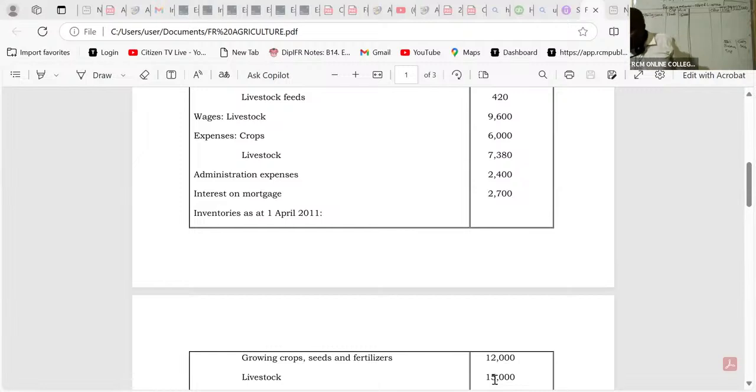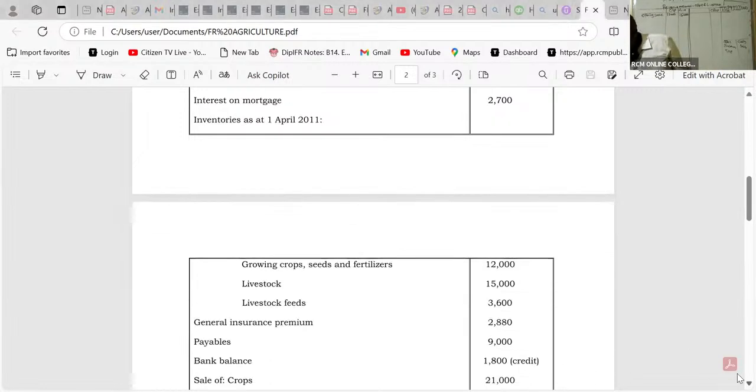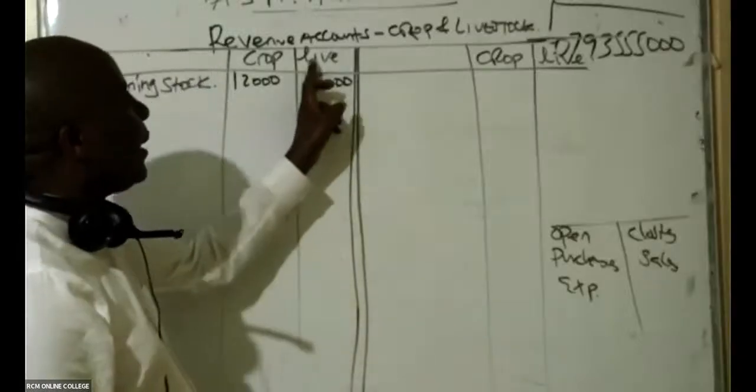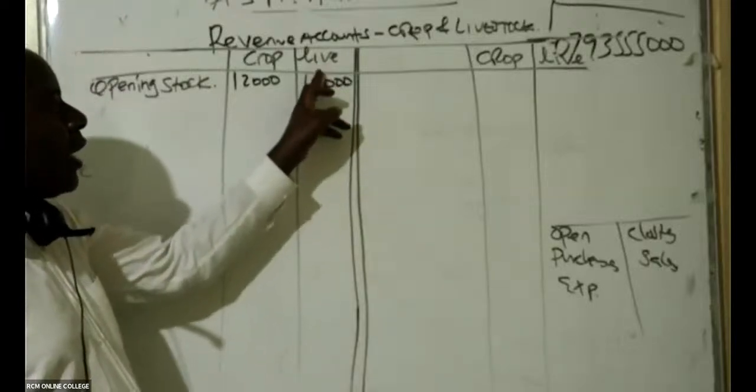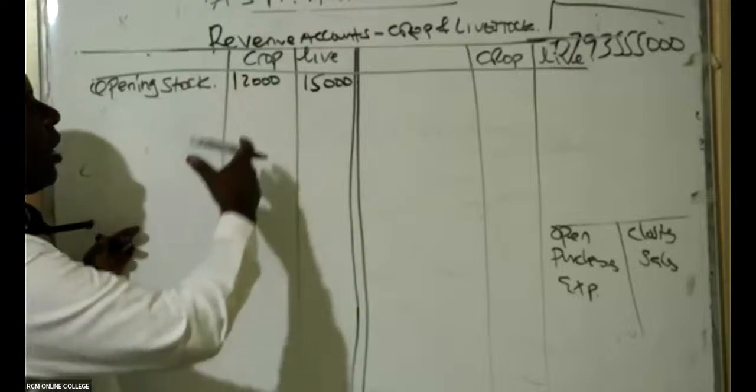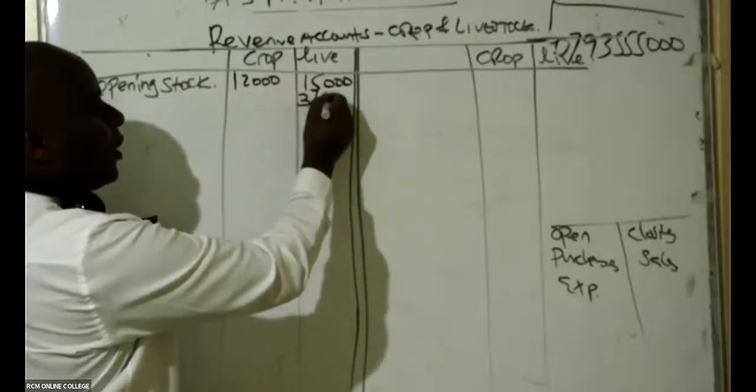Then if you look keenly, ladies and gentlemen, there is opening stock of livestock feeds, 3,600. That can only come under livestock. It can't be put under crop. It's very specific to livestock. So we have here 3,600.